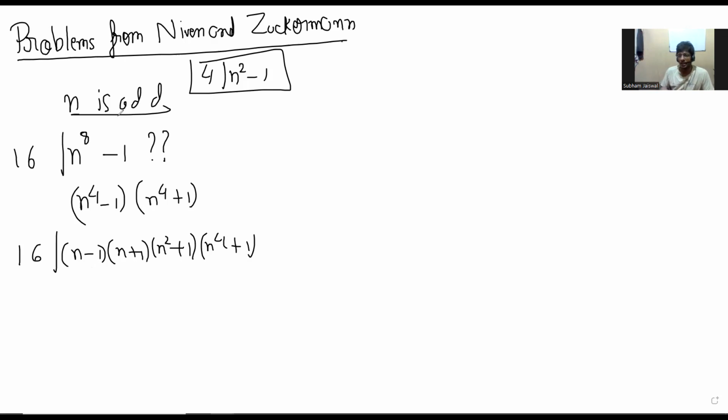Yes, it's divisible by 8, right? This part is already divisible by 8. Because you understand one of them is a multiple of 4. And then this is also even, so this gives a factor of 2. And this is also even, so it gives a factor of 2. In fact, we get 32. Right? So it is true.